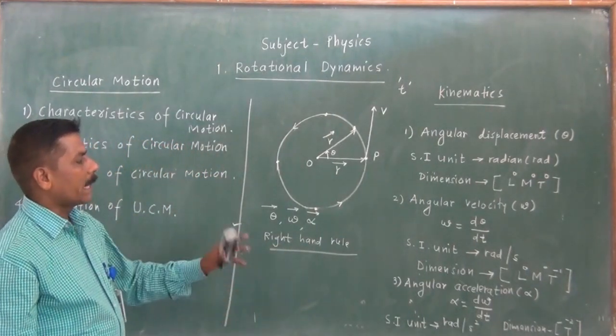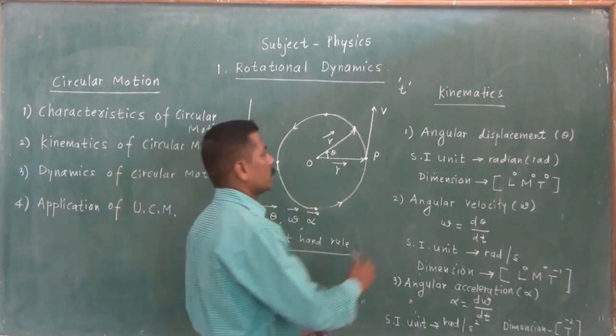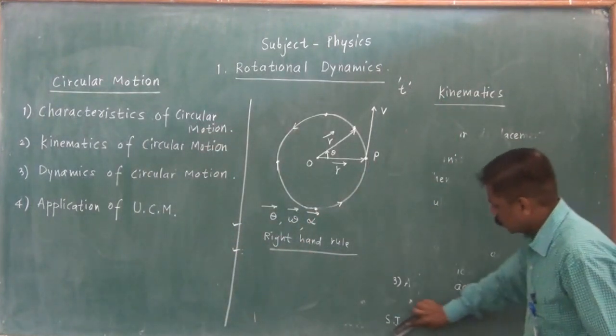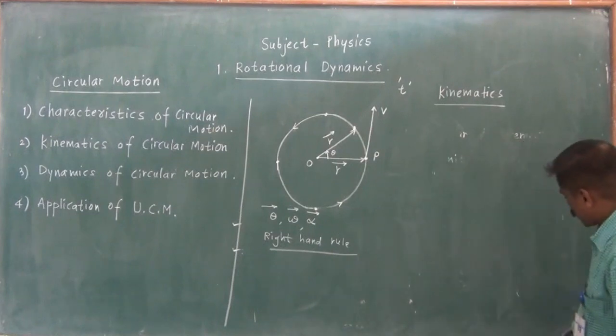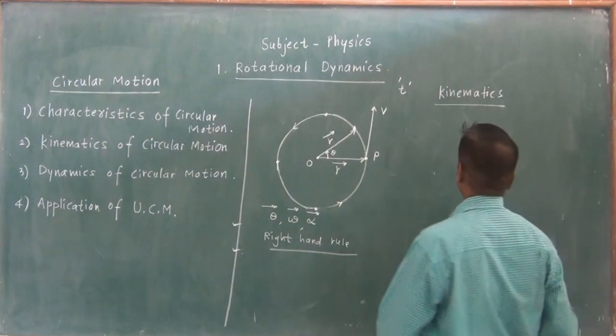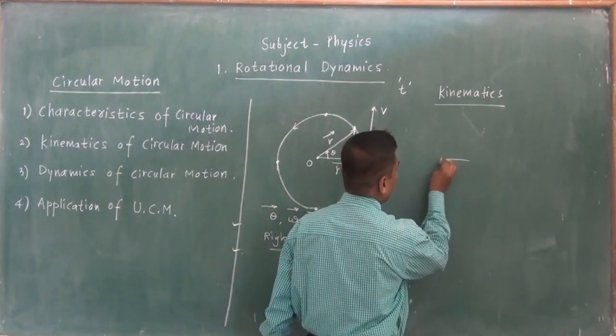If we draw the diagrammatic representation related to this direction, you will find the motion is represented like this with the help of this vertical circle.